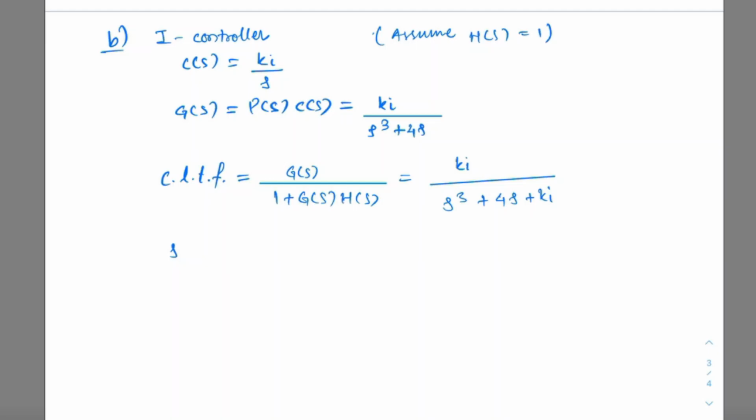So if I were to shade, this is a stable region.